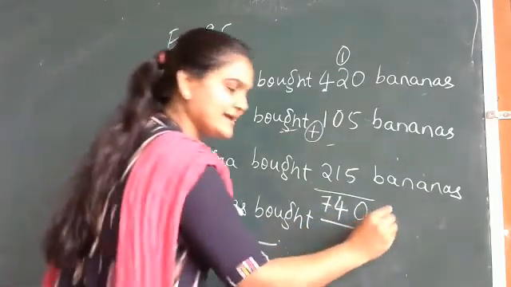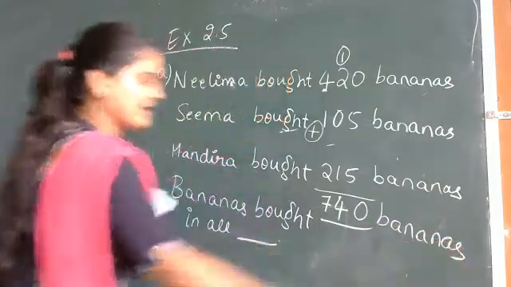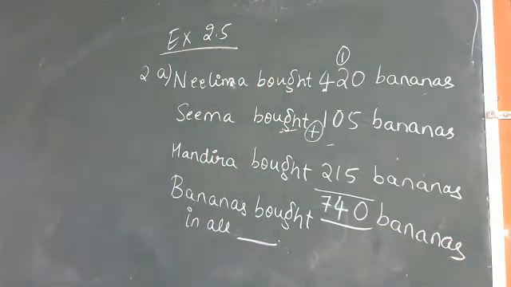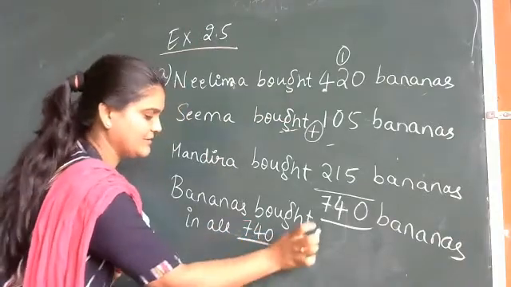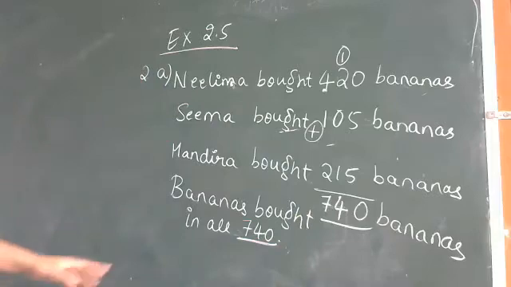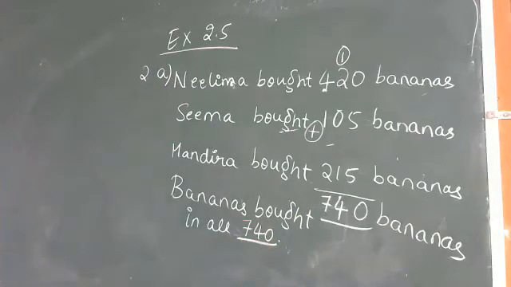So totally, yes, 740 bananas. Bananas bought in all are 740. Okay, so this is how you solve the word problems. Any doubt till here?